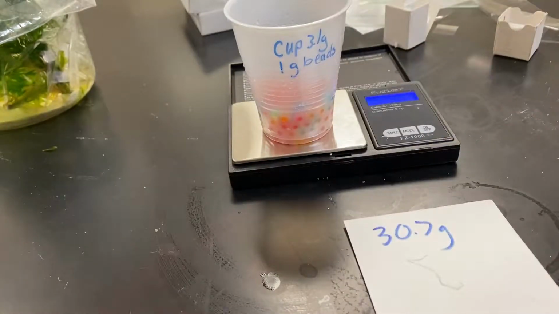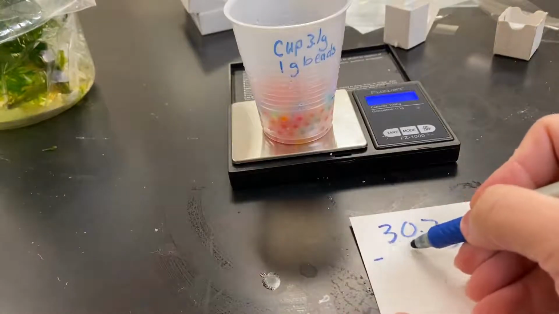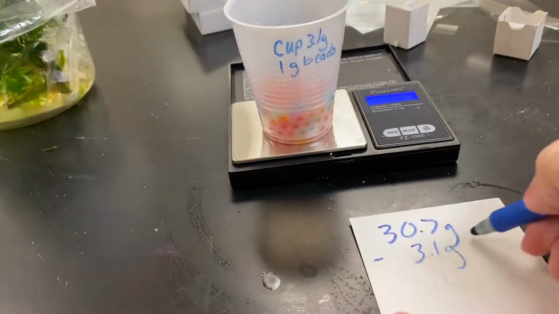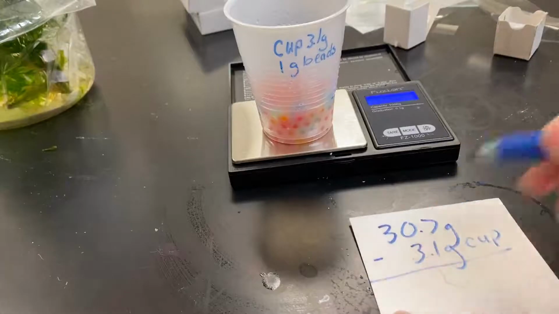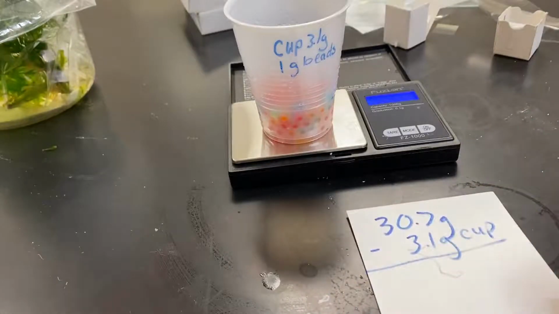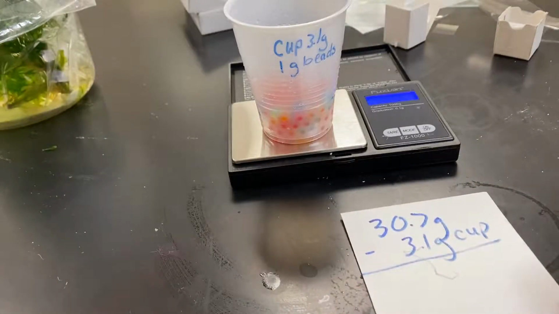But I have to say, is that the total? Was that the number I want? You should say no. You have to also subtract the cup. That's the cup. So that should give me 30.7 minus 3.1.